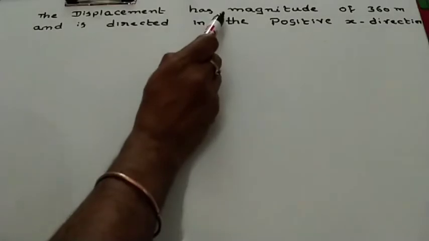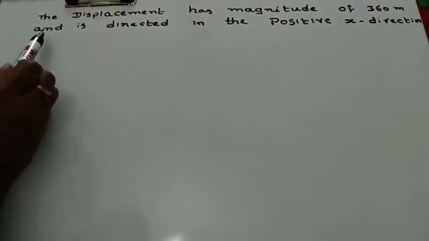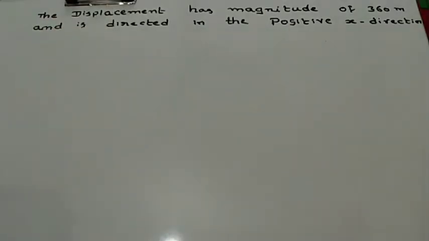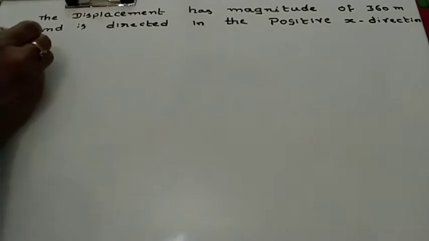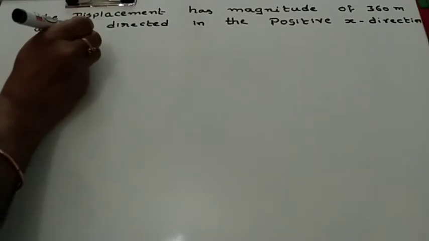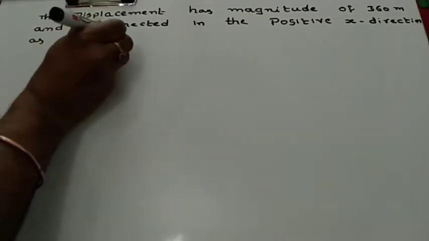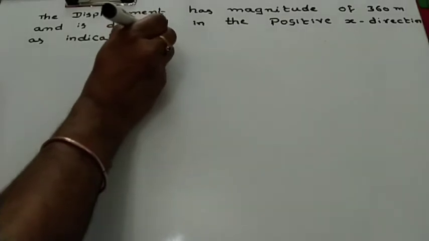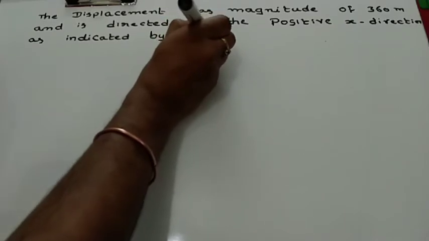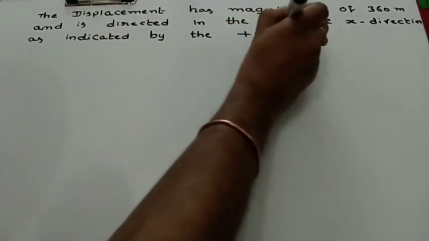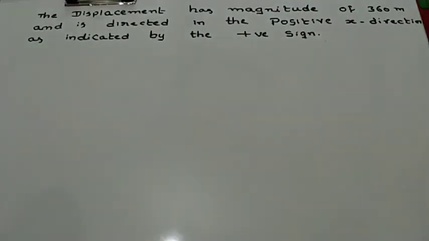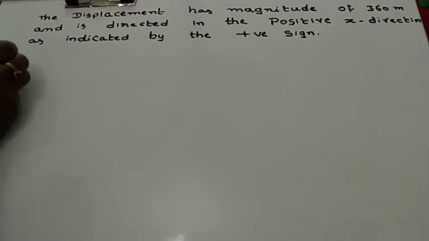The displacement has a magnitude of 360 meters and is directed in the positive x direction as indicated by the positive sign. Now, next point. Point number 9.